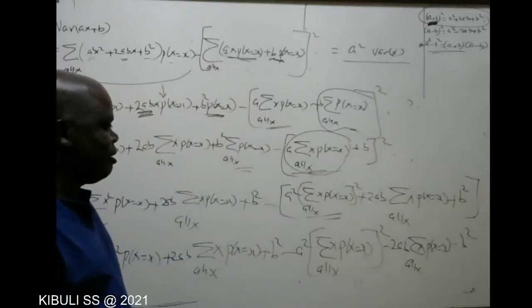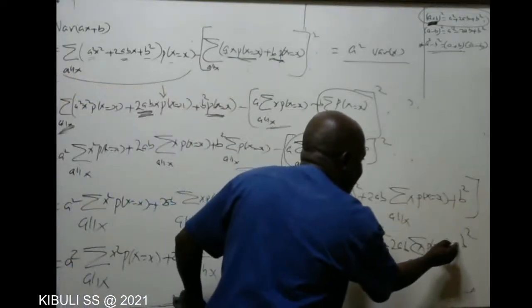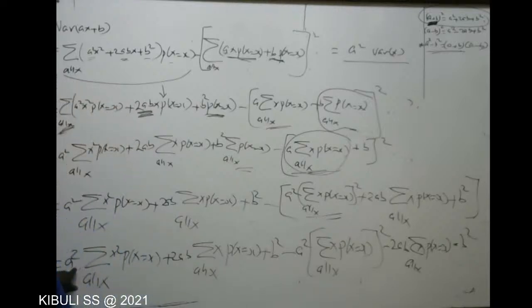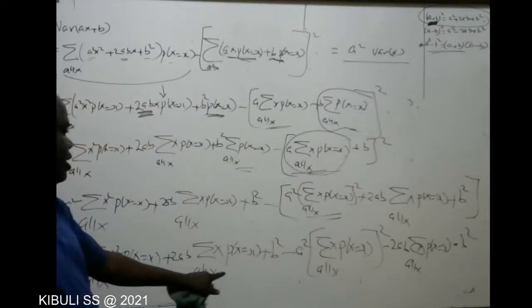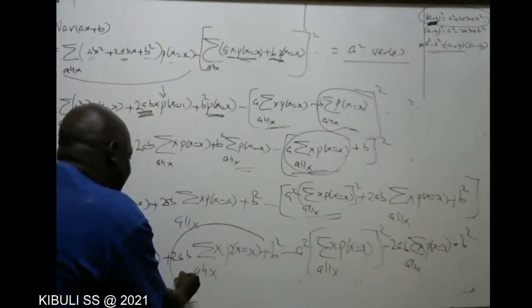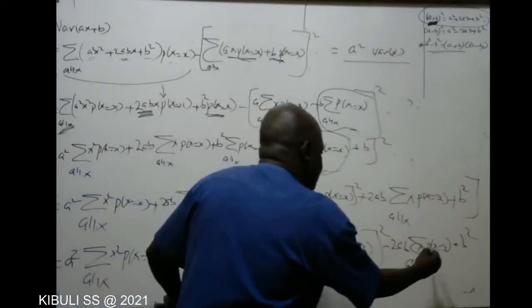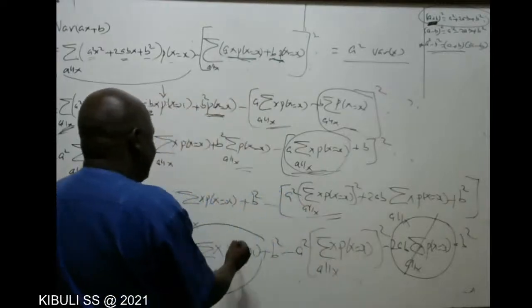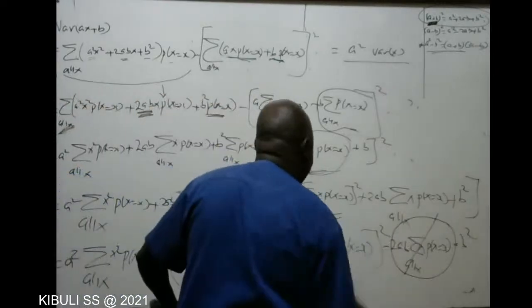So you can see the terms which are going to cancel. When you study this one and that one carefully, they are exactly the same. These ones are not the same, so this one will cancel with that one.